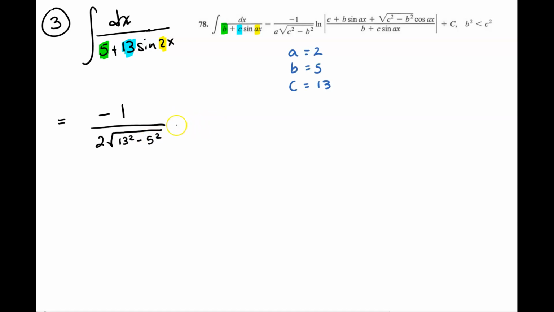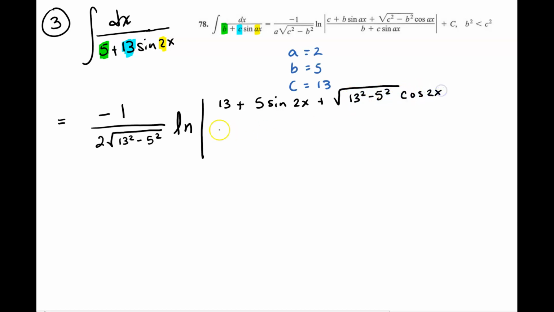And then we multiply that by the natural log of the absolute value of C, which is 13, plus B, which is 5, sine of AX, so 2x, plus the square root of C squared minus B squared, so that's again 13 squared minus 5 squared, times the cosine of AX, which is 2x in this case, over B, which was 5, plus C, which is 13, sine of AX, which is 2x. And then we close our absolute value. We add our constant of integration C.